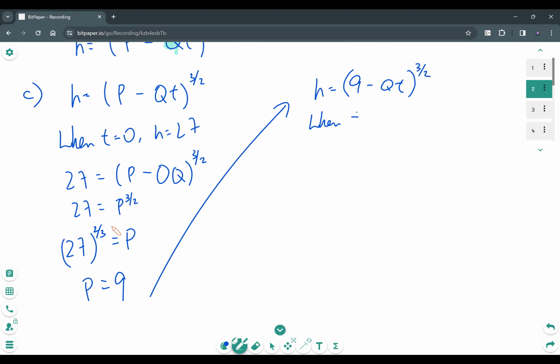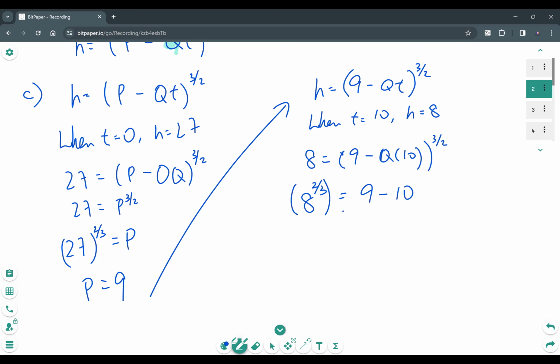Next, when t equals 10, h equals 8. Sub it in. So 8 equals 9 minus q times 10 to the power of 3 over 2. You can't multiply this in because it's a fractional power, but you can do the reciprocal power on the left-hand side. So it becomes 8 to the power of 2 over 3 equals 9 minus 10q.